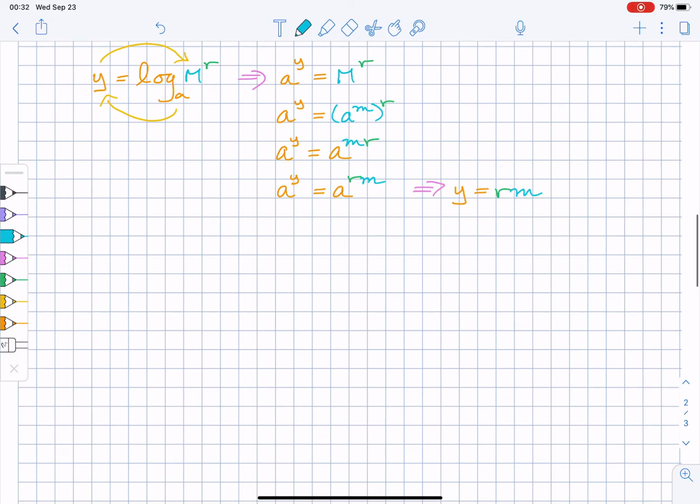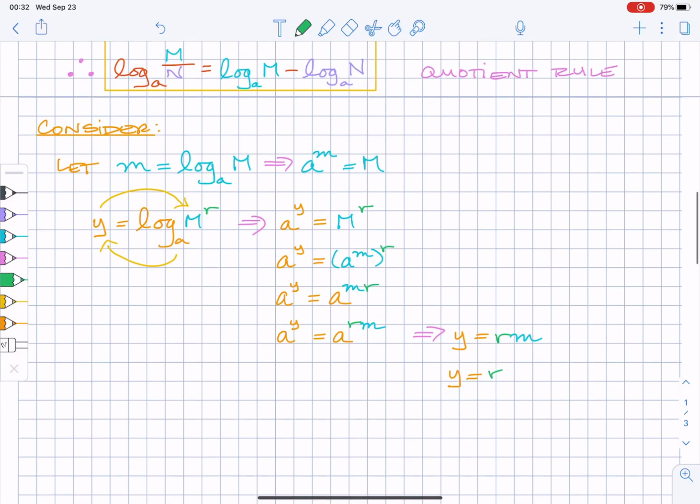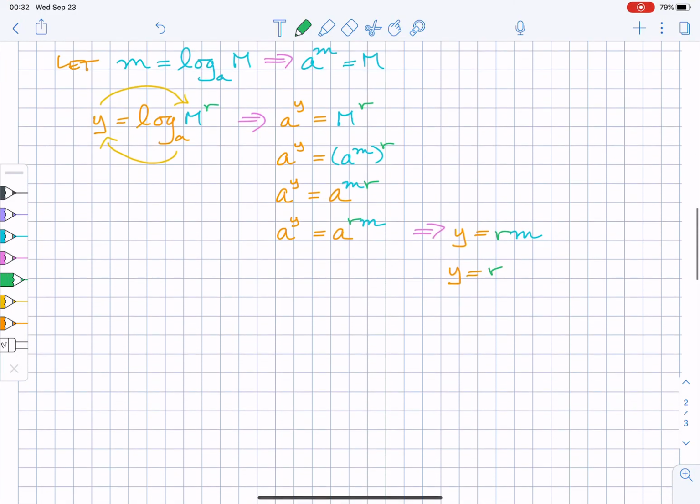Okay, but what was little m? Well, little m was log base a of capital M, right? So little m is log base a of capital M. Okay, so therefore, since y is equal to y, we know that this y up here must be this y down here.